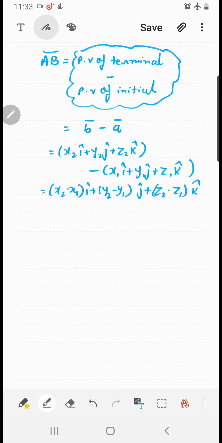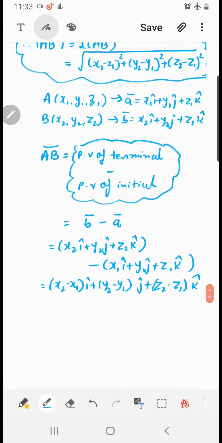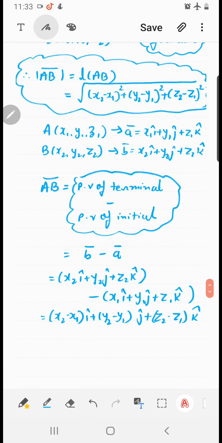Now if you see this result of AB bar, and if you see the distance formula which I wrote here, you can clearly make it out that this x2 minus x1 is basically the coefficient of i, and y2 minus y1 is coefficient of j, and z2 minus z1 is coefficient of k.